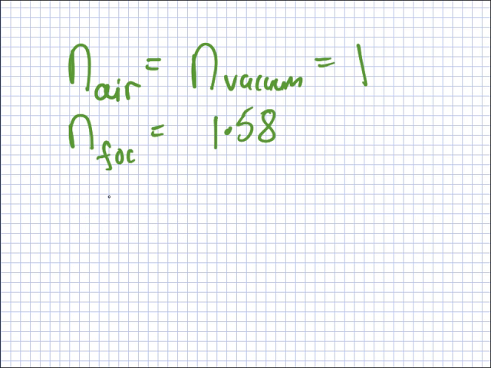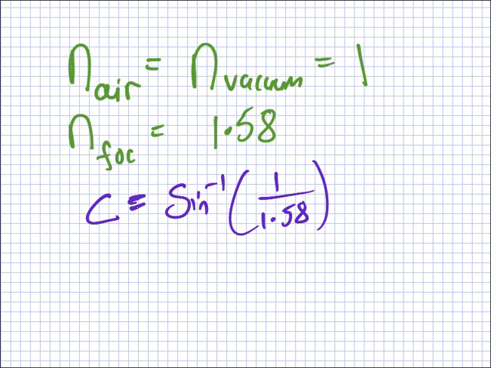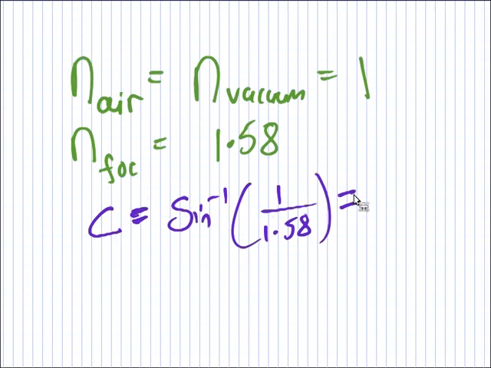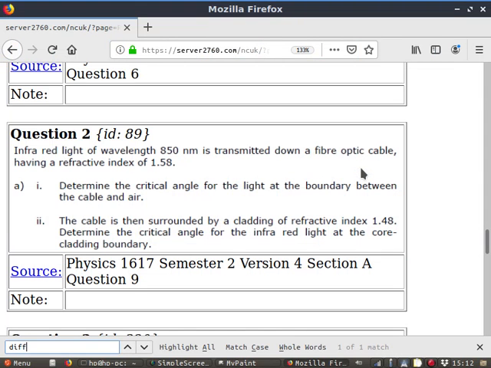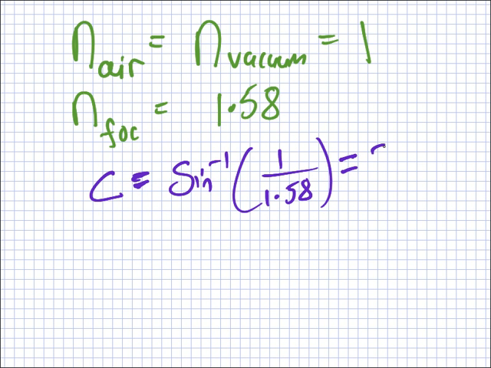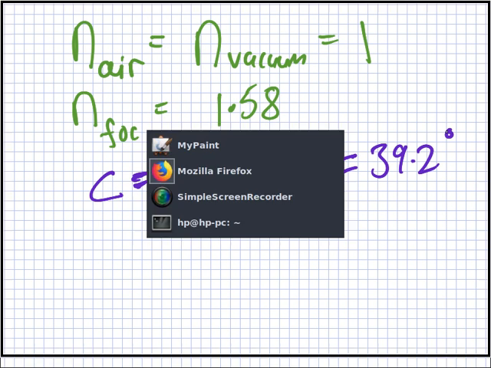And the formula I gave for critical angle is sine inverse 1 over 1.58. So do you mind bashing that in, somebody? Degrees or radians? Degrees. 39.23. Easy peasy so far, right?